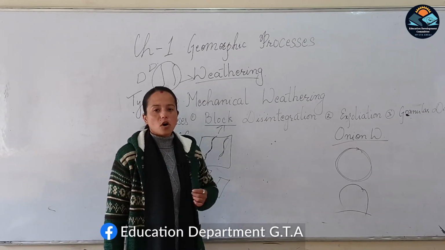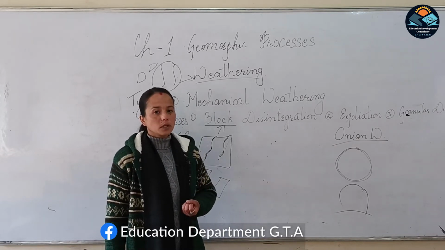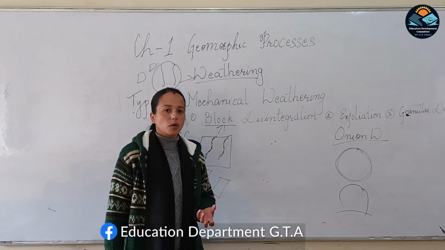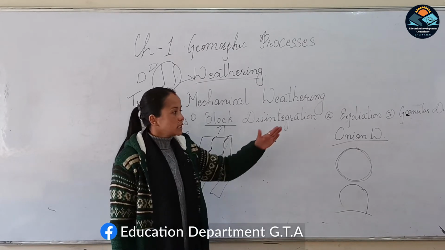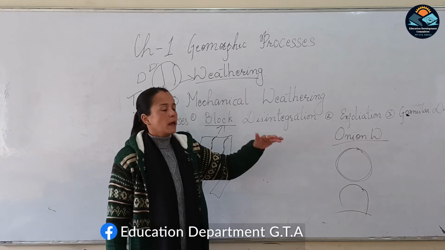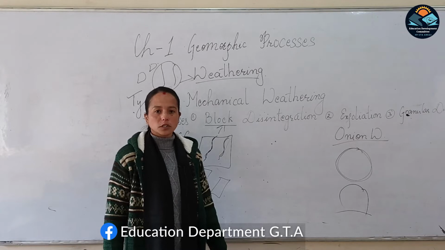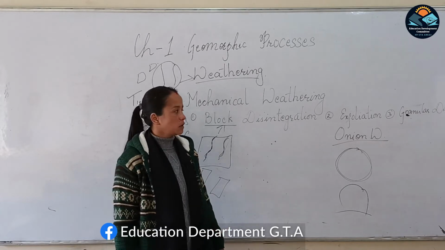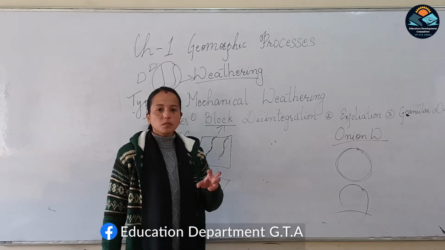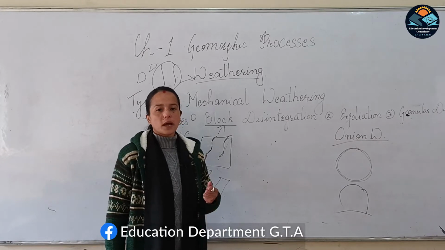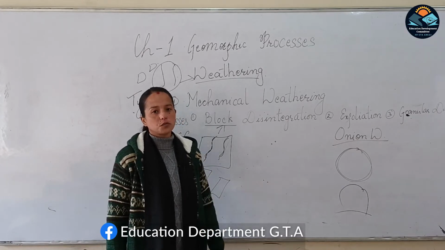Some rocks are made up of only one mineral, and some are made up of many minerals. Granular disintegration happens in rocks made up of many minerals. The different minerals have different capacity to absorb heat from the sun.